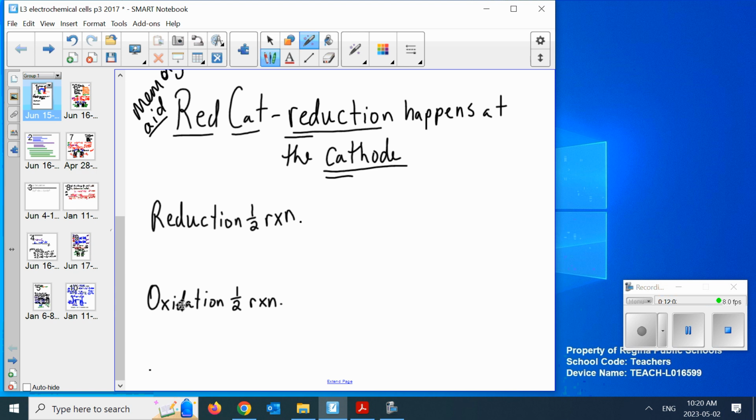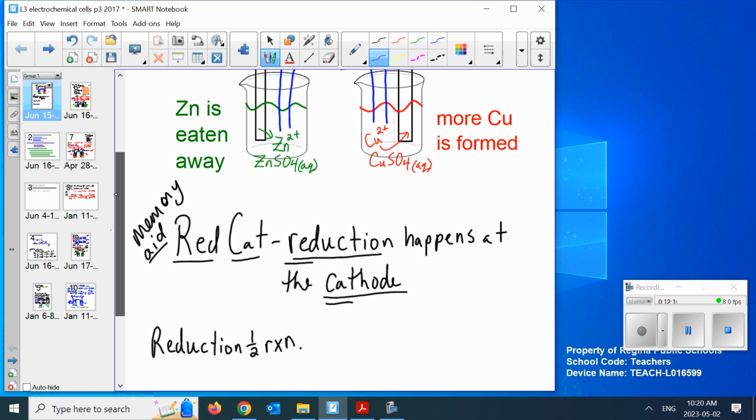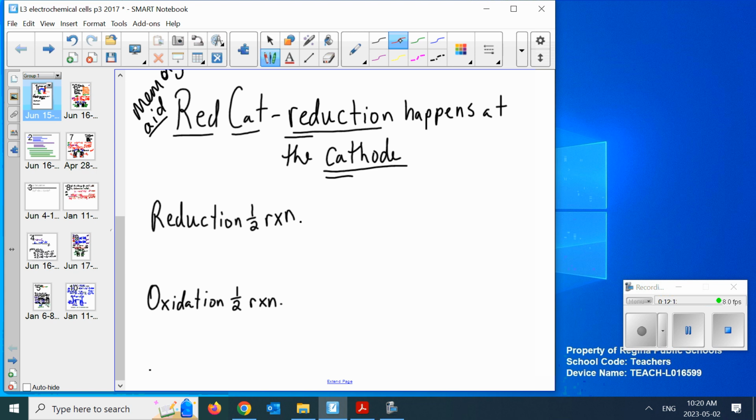So write it as a reduction line, in the color that I use, red. The reduction half reaction: if it's adding electrons, it has to be the charged copper ion depositing copper. That's reduction. Reduction means gaining electrons.